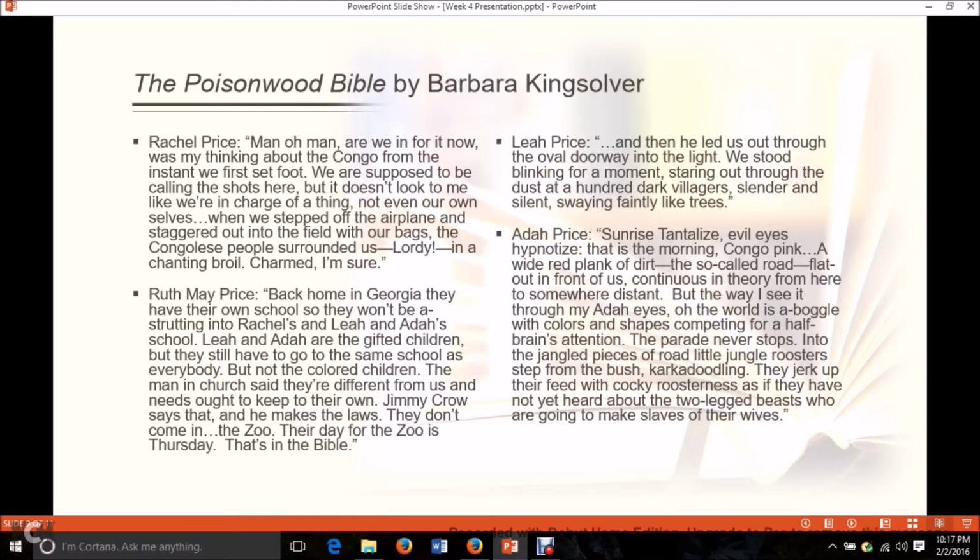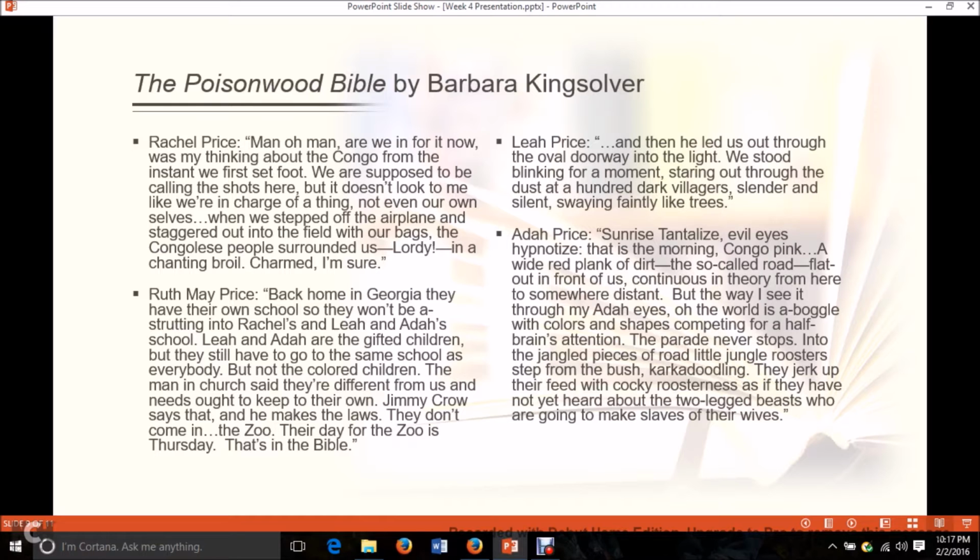So we have four separate voices that are very distinct, that have unique viewpoints, unique word choices, sentence structures and organization. And so we see a development of personality and character through the style she uses for each chapter in the book. So it's a really cool way to look at style and how that can differ.